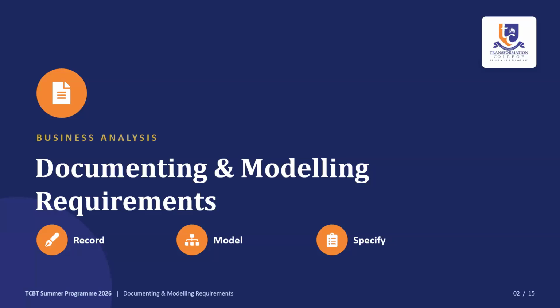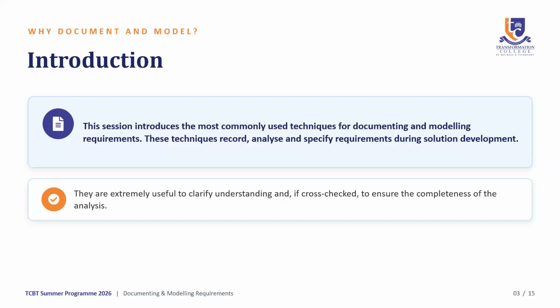Then, when we talk about modeling, it means representing the requirements in a visual or structural model. An example of requirement documentation would be terms like, the system shall allow a user to register an account. I'm giving examples. The system shall send an email of confirmation after successful registration.